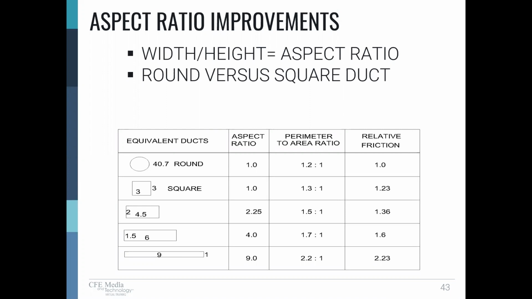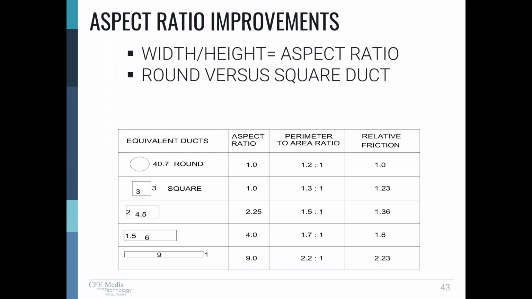For the same duct, it would be 3 by 3 feet square, has the same aspect ratio, but the perimeter to area is 1.3, so you use a little bit more material to achieve the same cross-sectional area. The relative friction is 1.23, so you have 23% more losses due to the little bit larger area and it being square rather than round.